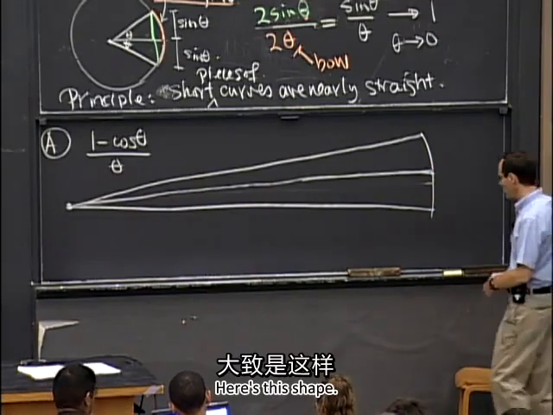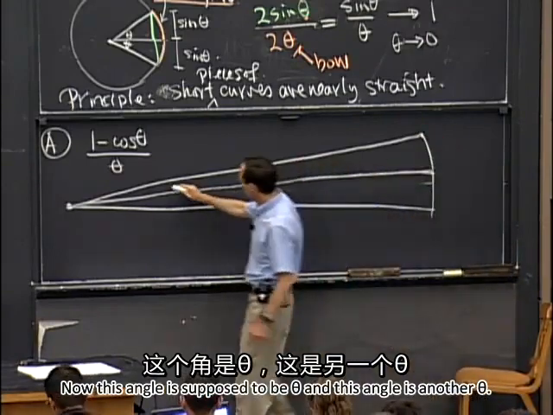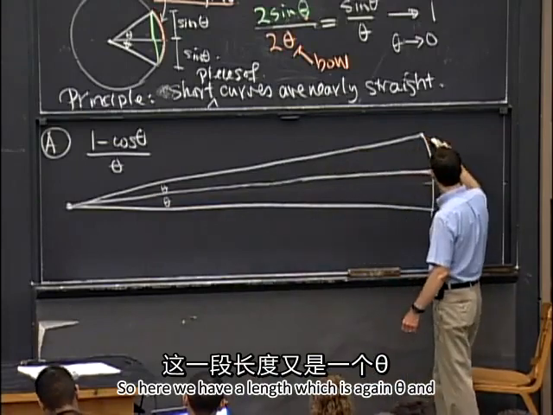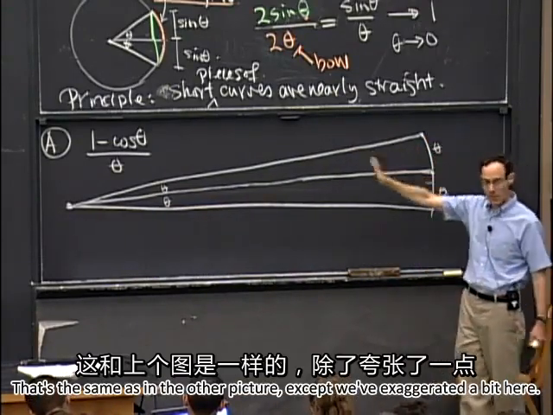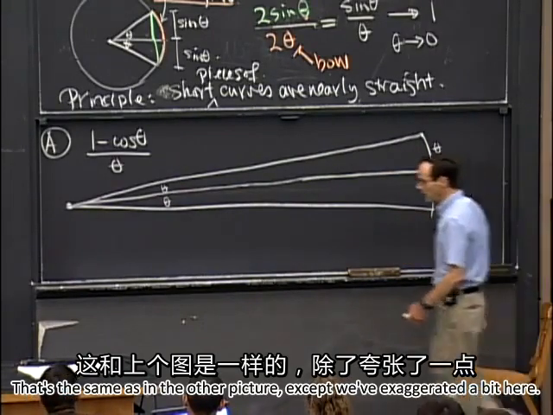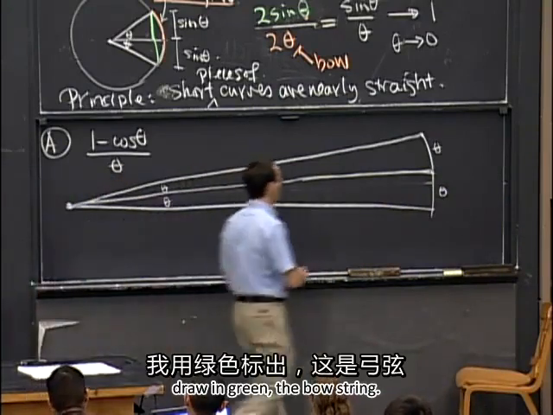Here's this shape. Now, this angle is supposed to be theta, and this angle is another theta. So here we have a length, which is, again, theta, and another length, which is theta over here. That's the same as in the other picture, except we've exaggerated it here. And now we have this vertical line, which, again, I'm going to draw in green, the bowstring.